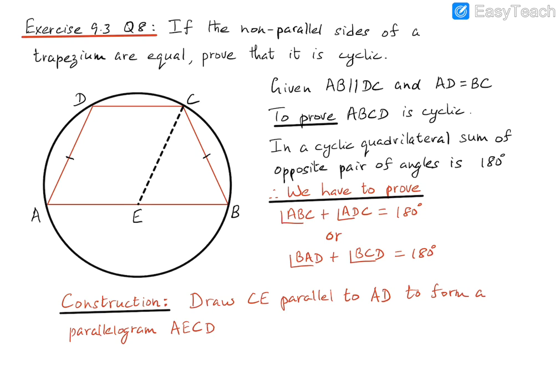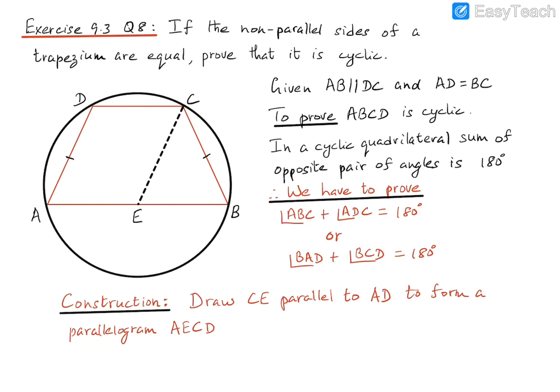Okay, so what is a cyclic quadrilateral? What property must a quadrilateral satisfy in order for it to be called cyclic? The condition is that for a cyclic quadrilateral, the sum of a pair of opposite angles is 180 degrees.